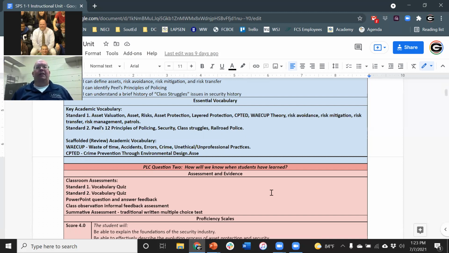The third thing that I wanted to point out here in this learning topic is I can identify Peel's principles of policing. Now, I'm sure that you cover the 9 principles of policing that Sir Robert Peel wrote back in 1829 in your IP41 course. I cover it in my intro to law and public safety course here in Georgia, and I'm sure that you do the same thing.